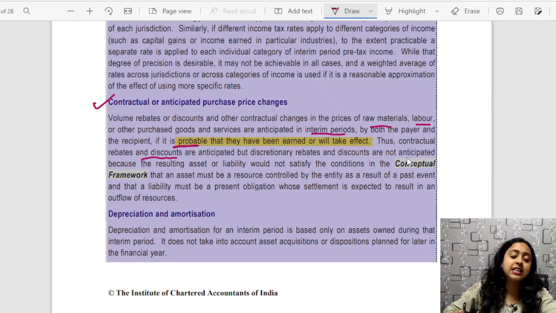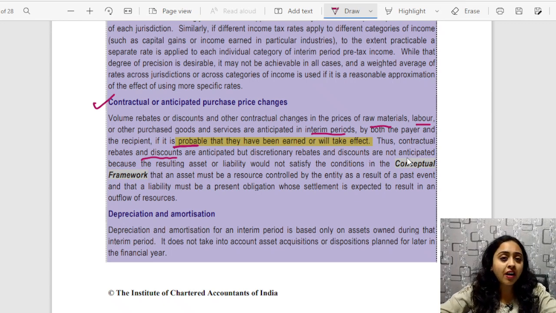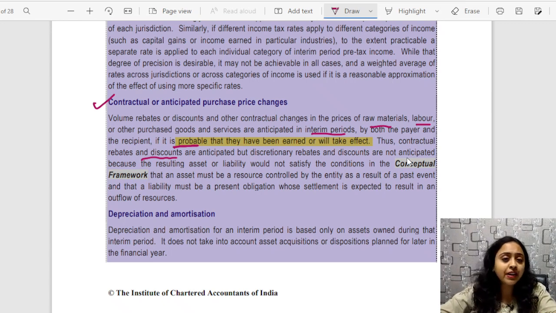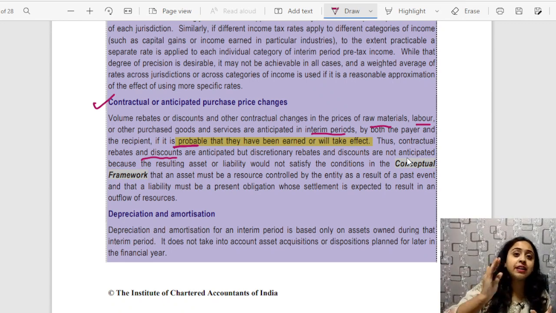but discretionary rebates and discounts are not anticipated. Okay, if it is highly probable that you will be achieving a particular target and receiving such a discount, rebate, voucher, or price change, then you will be recording it, you will be anticipating it. It is fair enough, genuine enough to anticipate it, to forecast it.